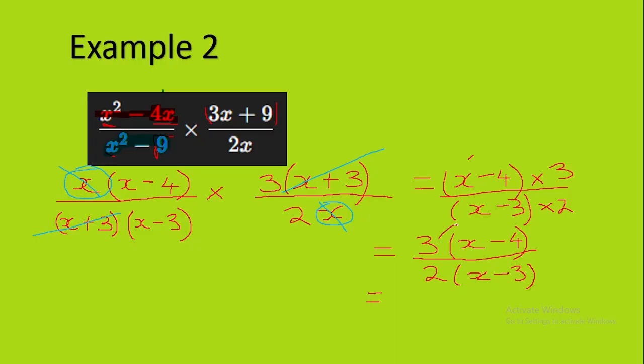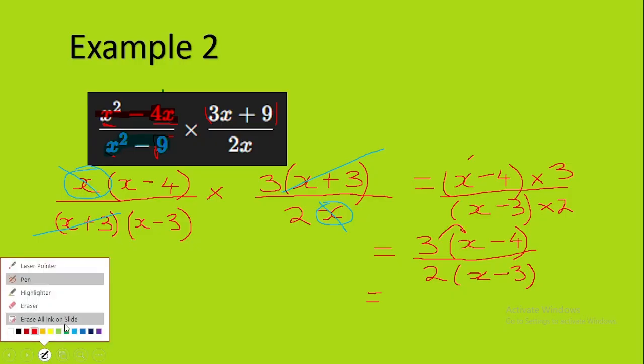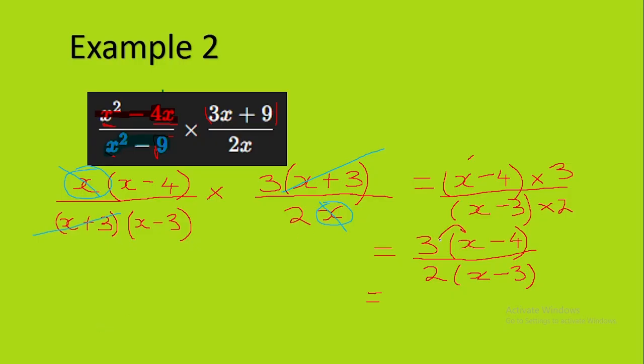So all we can do, if we want to write it a little bit better, is distribute. We can distribute the 3 and the 2 to each term inside the bracket, and by distributing it, it will have the same meaning, but it will change the way our answer looks.